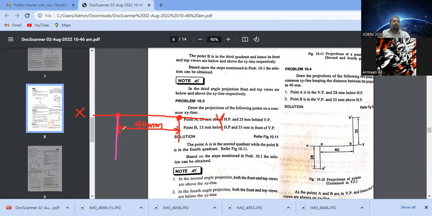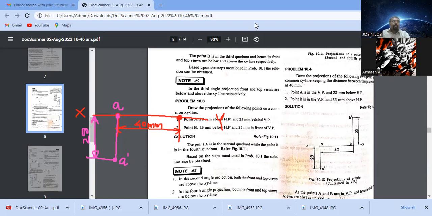Here, the point A is in VP, so its top view A is in the XY line, and the front view A dash will be 28 millimeter below XY line. So this distance is 28, 2.8 centimeter. When you draw, you have to take 2.8 centimeter.